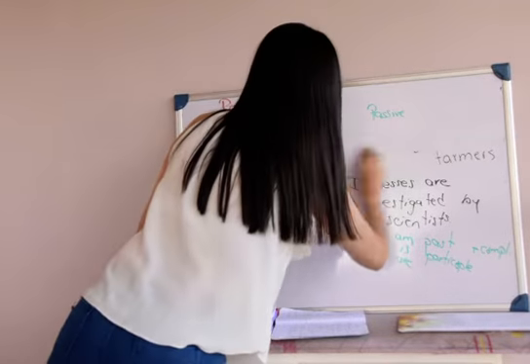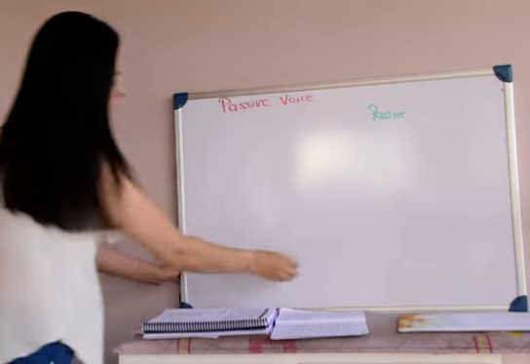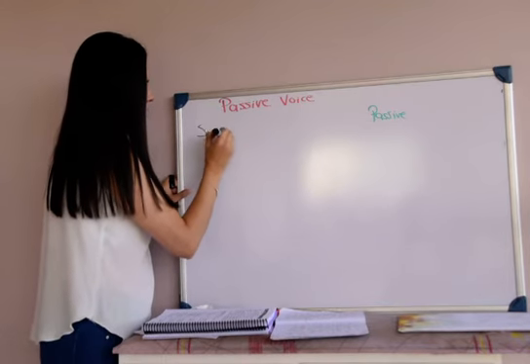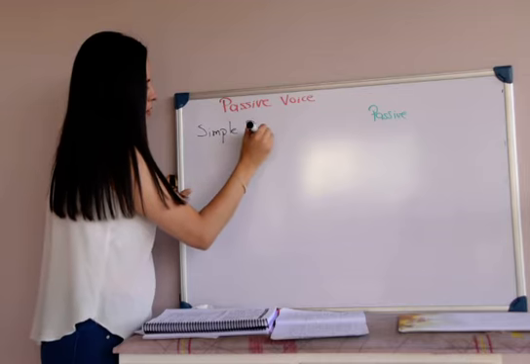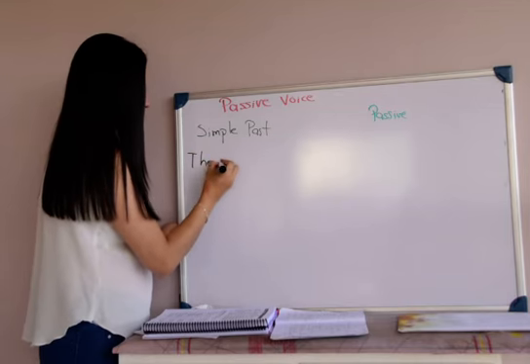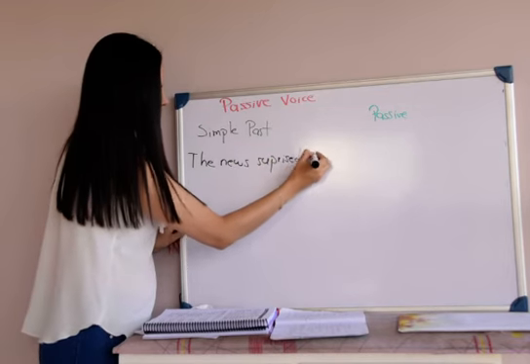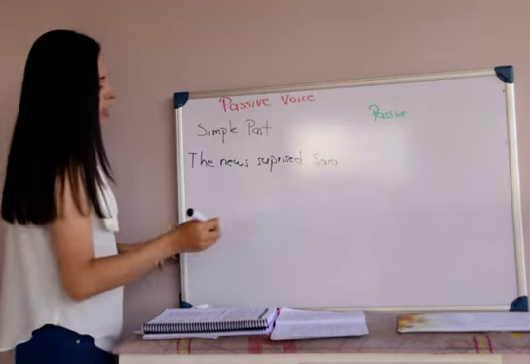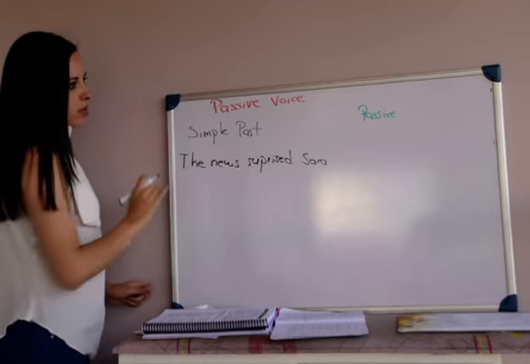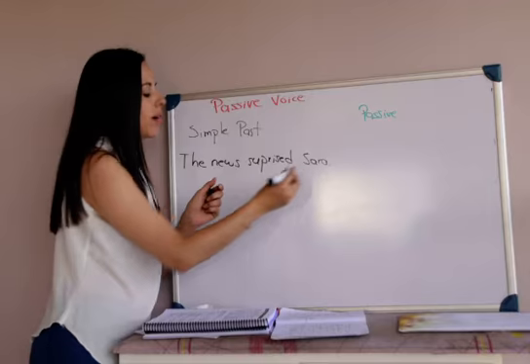When we want to emphasize the doer of the action, the person who completes the action in the simple past, the sentence would say something like, the news surprised Sarah. That is simple past. Now, if I want to change that into passive voice, so we know that Sarah was the recipient of the action, we just move it.